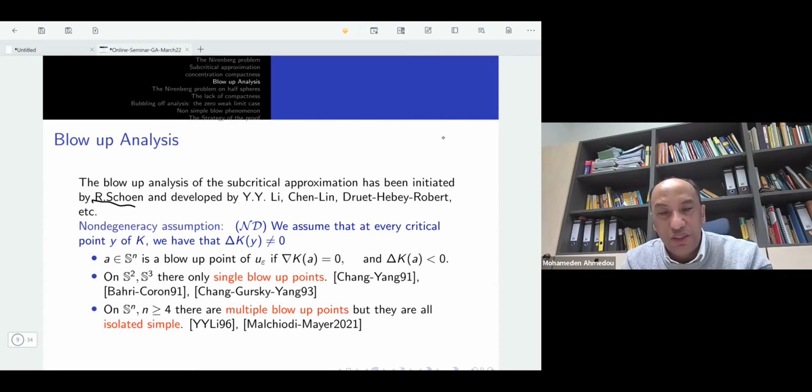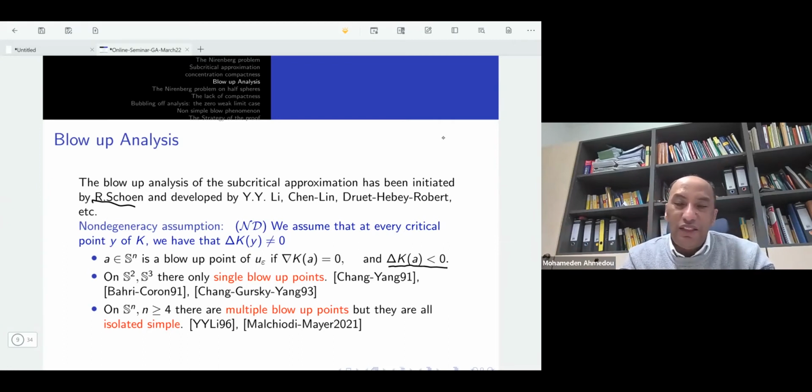Under this assumption, all blow-up points should be critical points of k, so the location of the blow-up point is known, and the Laplace of k at this critical point should be strictly negative.